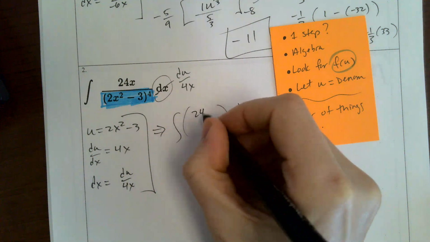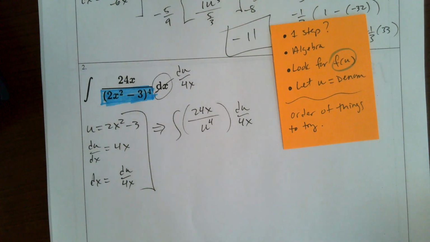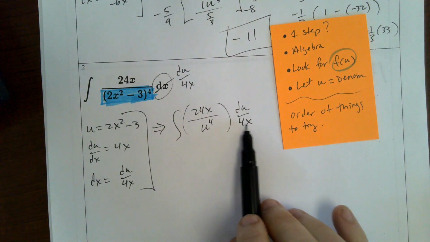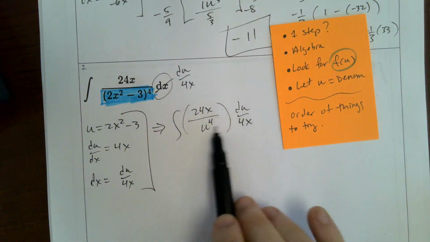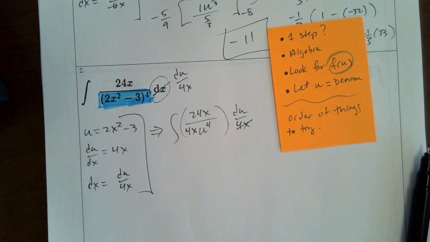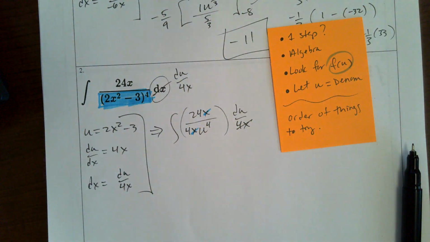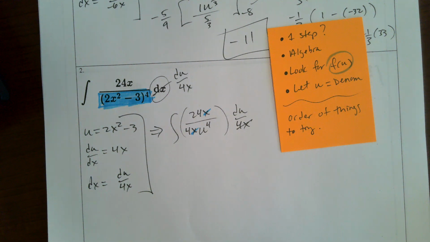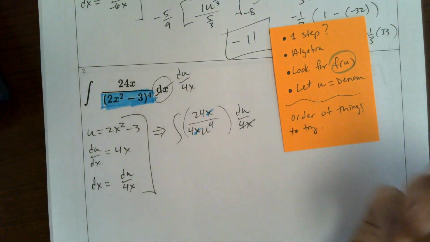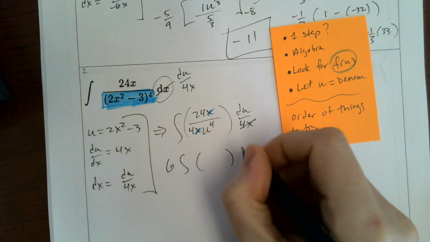So I have 24x, and then in the bottom, u to the 4th. Okay. Guys, this is multiplication in the bottom here, so I could just put 4x. The x's are canceling, so yes, we got the right u. 24 over 4, that's 6. So I'll just take 6 out front.